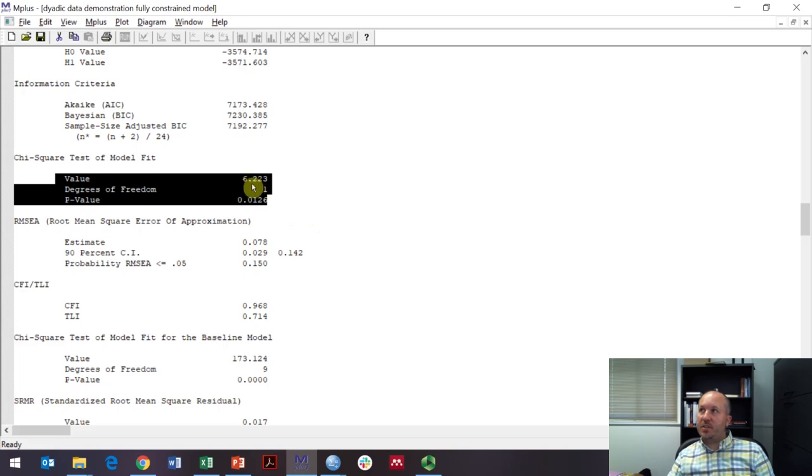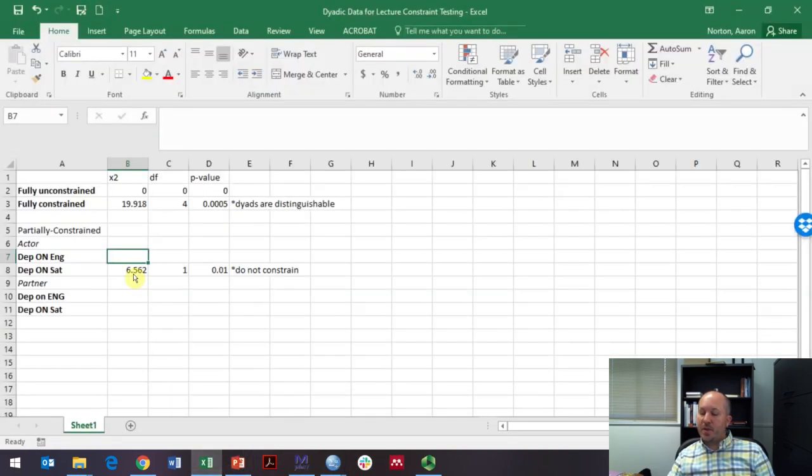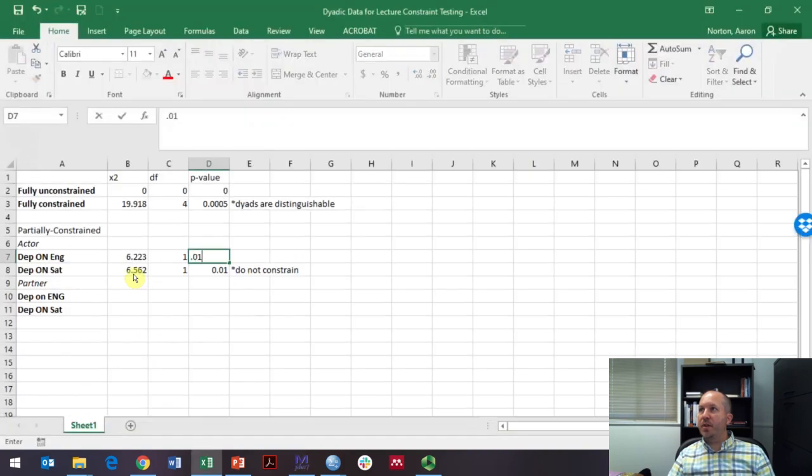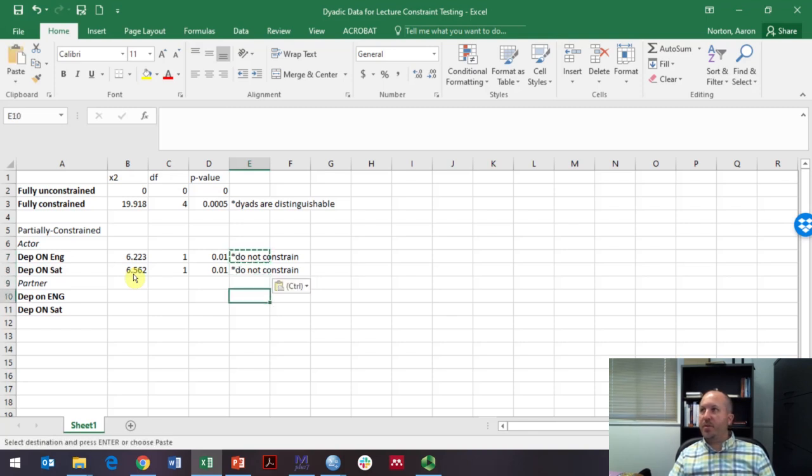And we have a chi-square of 6.223, 1 degree of freedom, and 0.01 again. So I can copy. All right, there we go. So now I know that my actor paths are significantly different from each other.